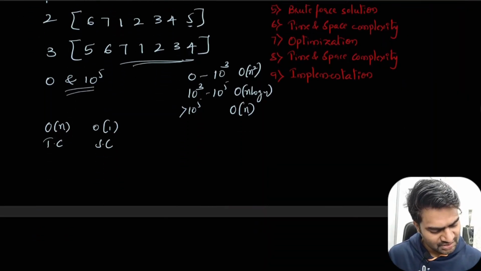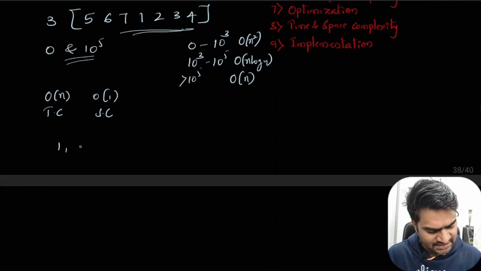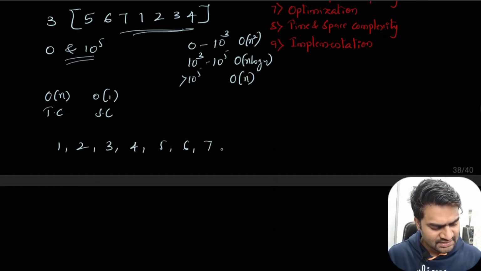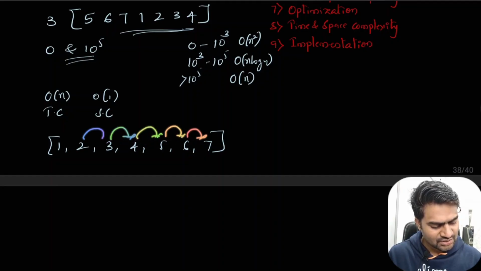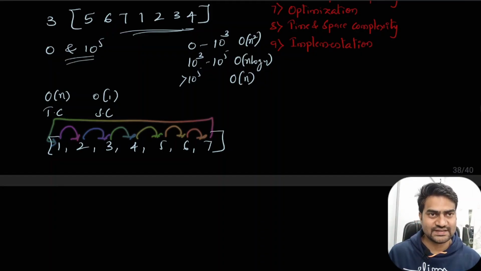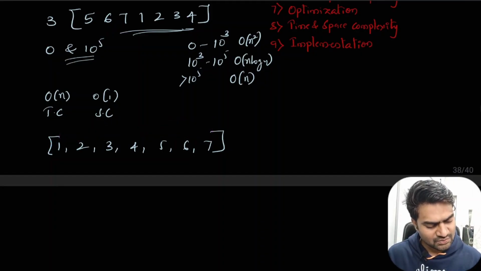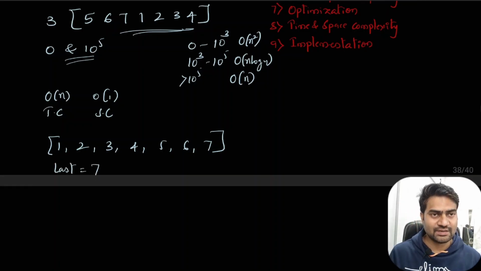I will take the array again, 1, 2, 3, 4, 5, 6, 7. Now I want to move 6 here, 5 here, 4 here, 3 here, 2 here, 1 here, and then 7 back to this place. For that, I will take a variable for the last number and keep it in this variable.